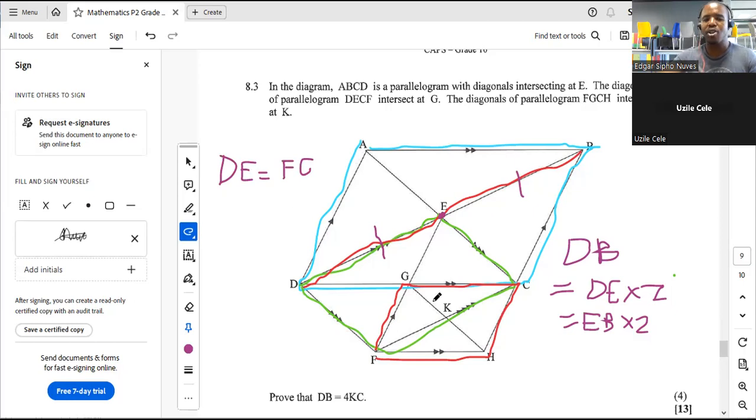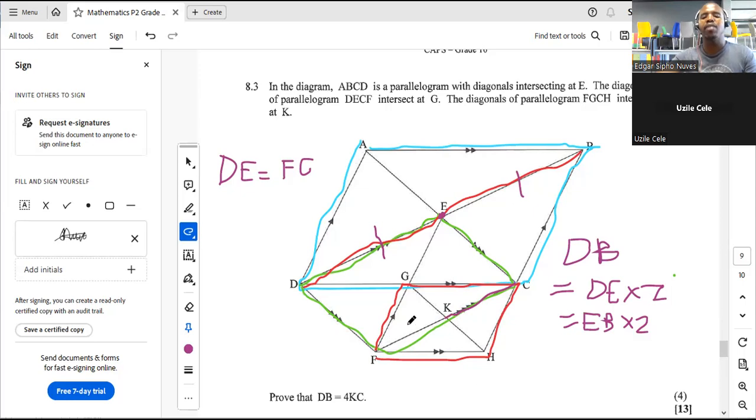So you're almost there. Now you can rewrite FC in terms of KC. How can we write FC in terms of KC? Think about it. KC is here, and FC is the entire line.